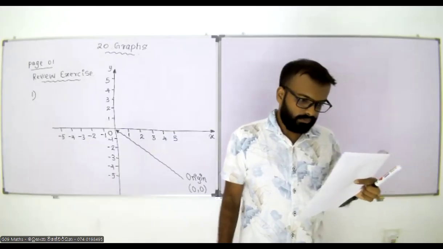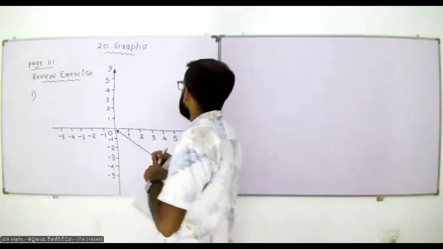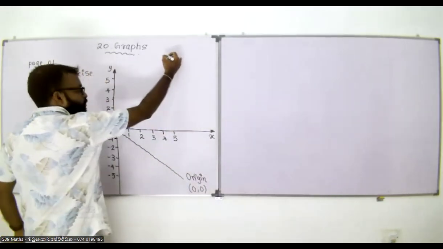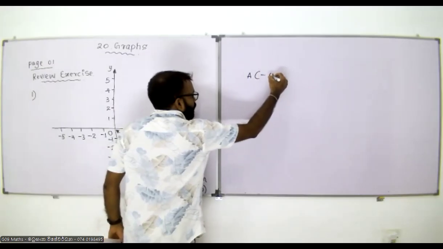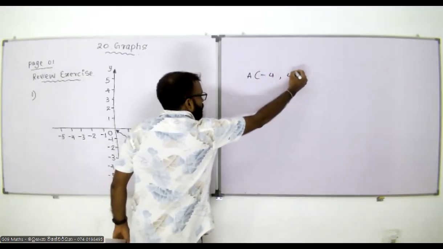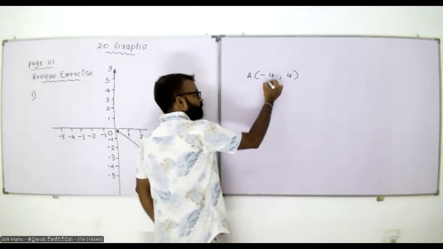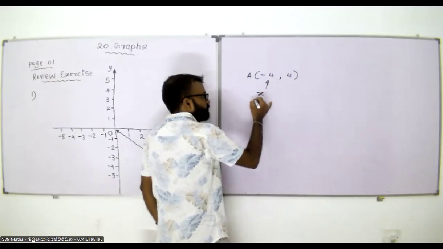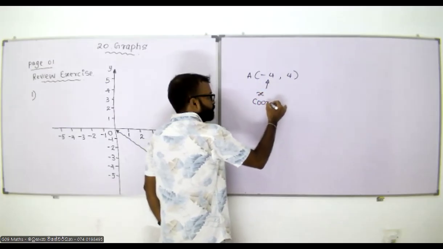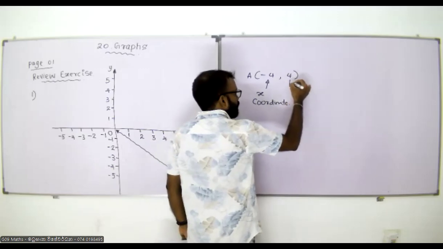As they have given, I will mark the point A. Point A is this. So I will say point A (-4, +4). What is the meaning of this? This is the x coordinate, and this is the y coordinate.